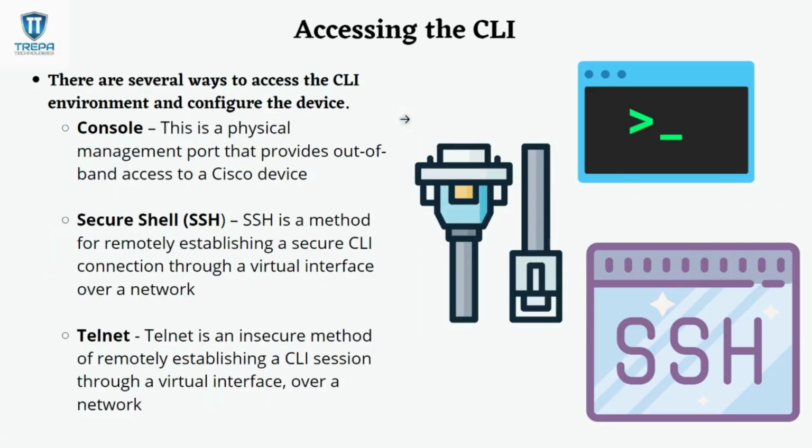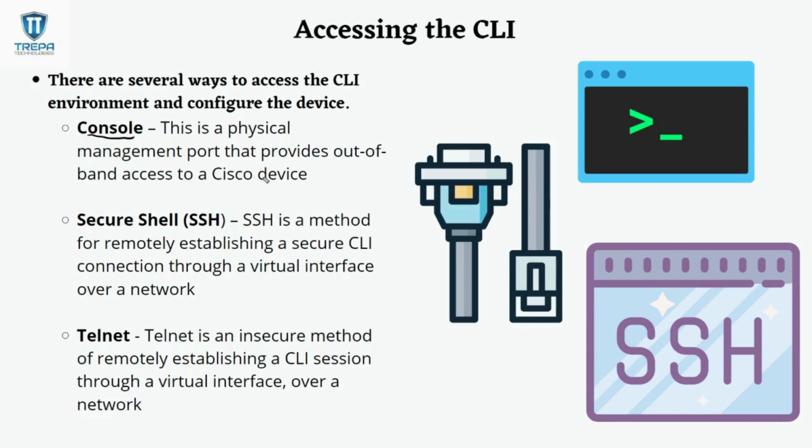Now let's go over accessing the CLI. There are several ways to access the CLI environment, get into that shell. The first thing you need to do is get something called a terminal emulation program, which we're going to go over in the next few slides. Once you have that terminal emulation program on your system, something like PuTTY or SecureCRT, you can physically console in from the computer to the router or switch.